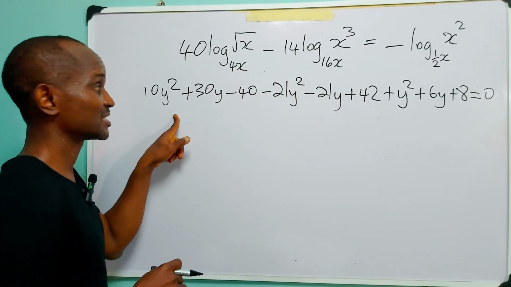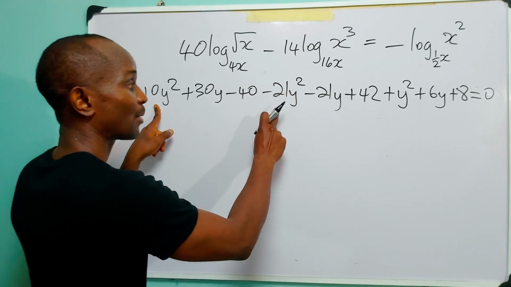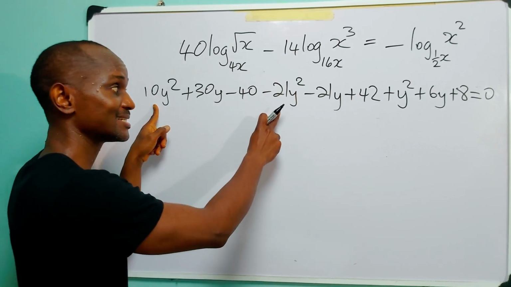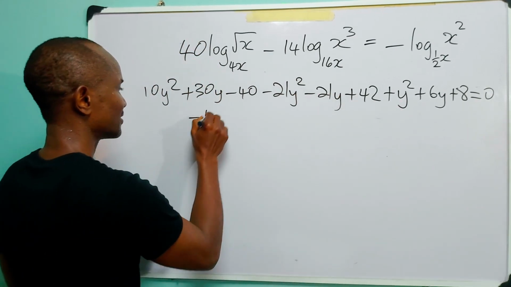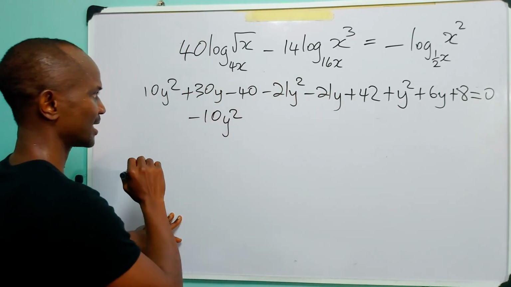Now collecting like terms, we have 10y squared minus 21y squared, that is minus 11y squared, then plus y squared, that is minus 10y squared.